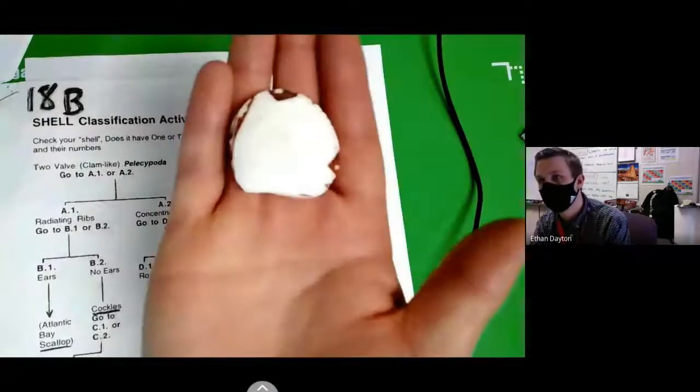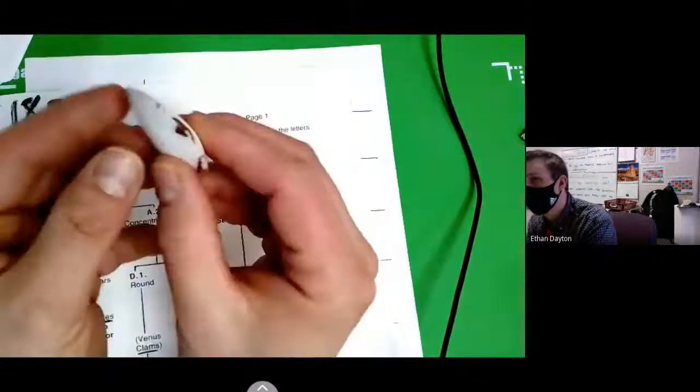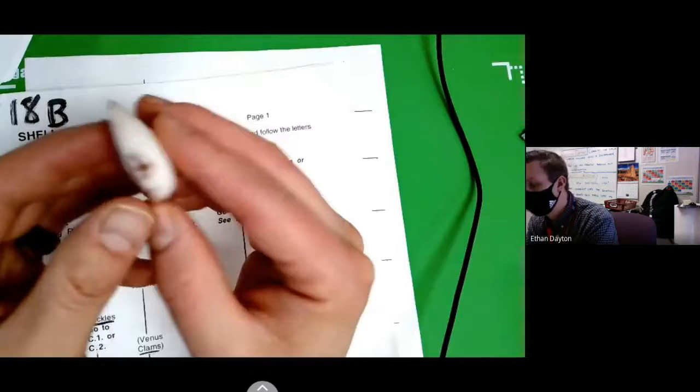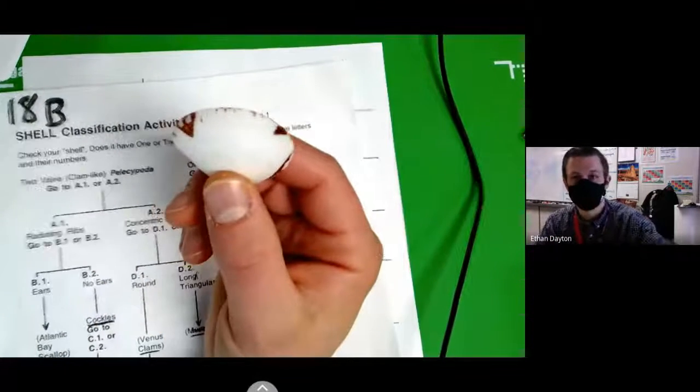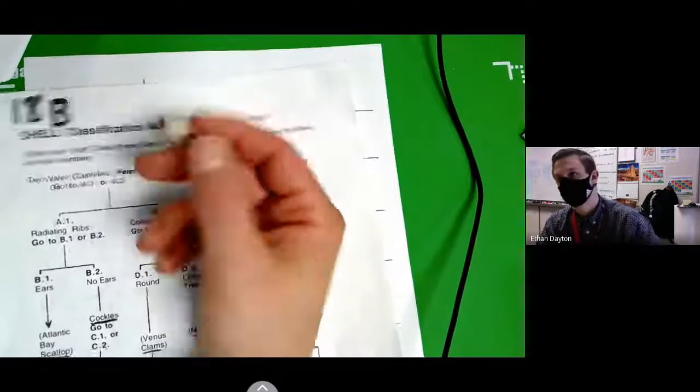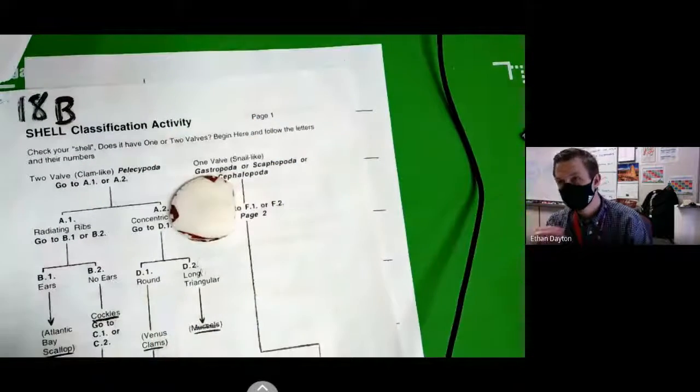So this shell right here, what do you all think? 2-valve or 1-valve? Is that a clam shell or a snail shell?